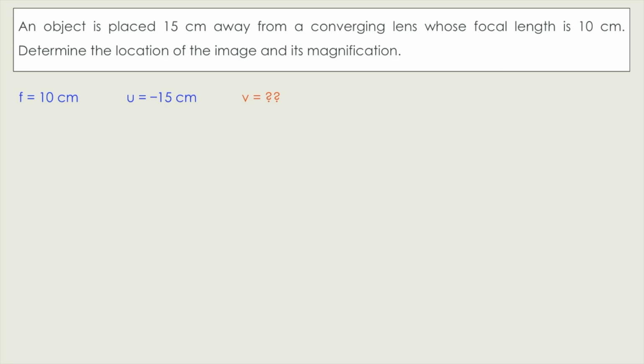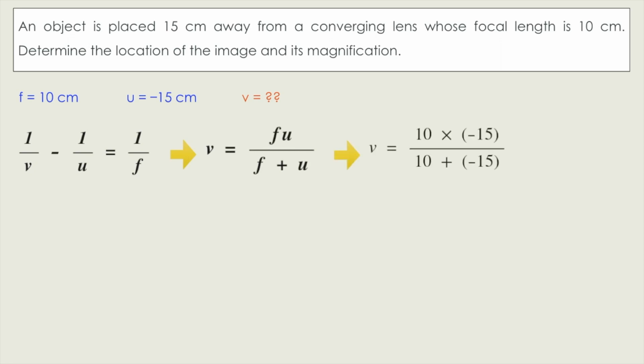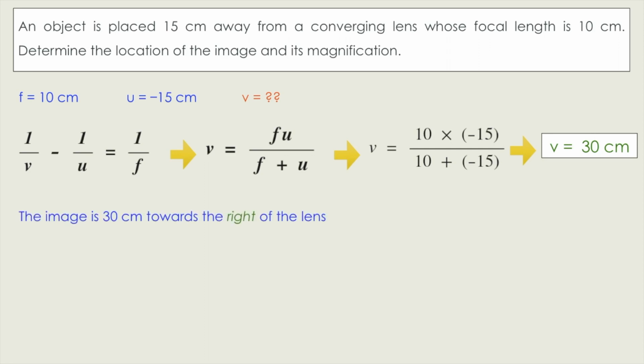So the formula that we would use is 1 upon v minus 1 upon u equals 1 upon f. Simplified, this would become v equals fu upon f plus u, and when we replace values we find that v equals 30 centimeters. What does this mean? This means that this is a positive value, so the image would be 30 centimeters towards the right of the lens.